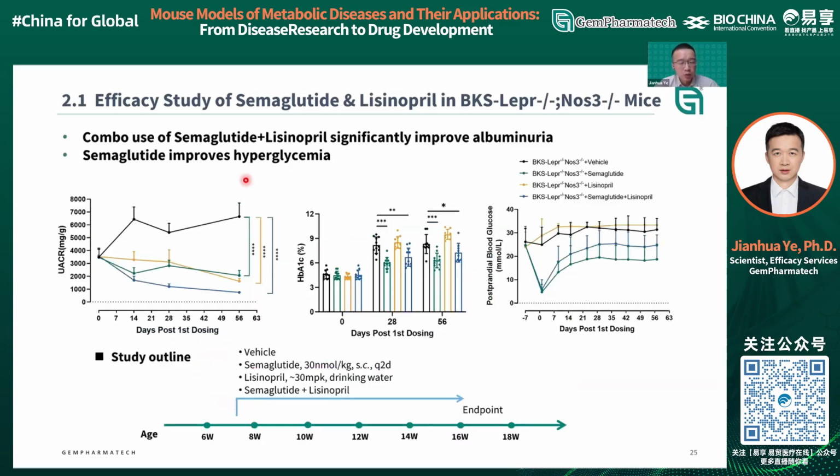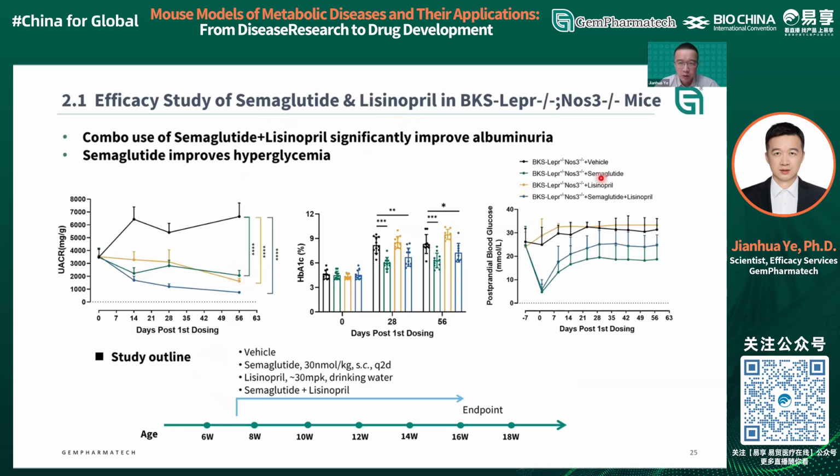Then we do a drug efficacy study on these mice. We test the semaglutide and the lisinopril, which is an anti-hypertension medicine. So from the first picture, we can see the single use of semaglutide or the lisinopril.